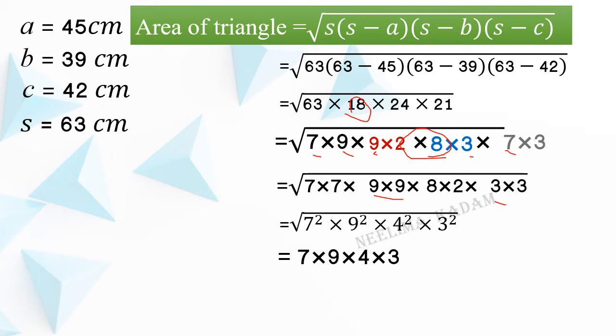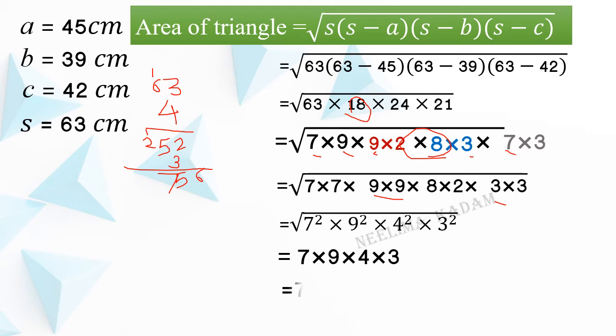Okay. After multiplying, we will get 7 9s are 63. So 63 into 4. So 4 3s are 12, carry 1. 6 4s are 24 plus 1, that is 25. Into 3. So 3 2s are 6. 3 5s are 15, carry 1. 3 2s are 6 plus 1, 7.